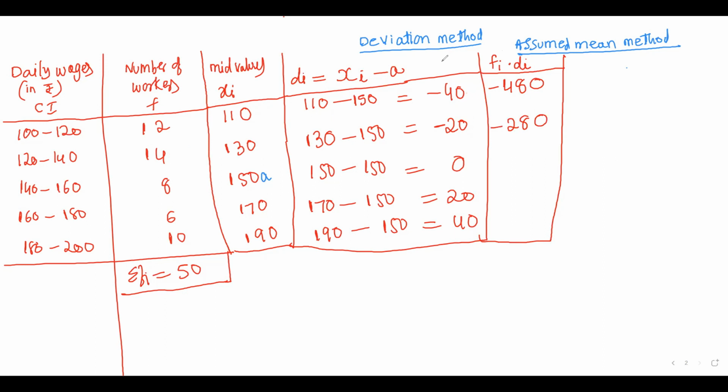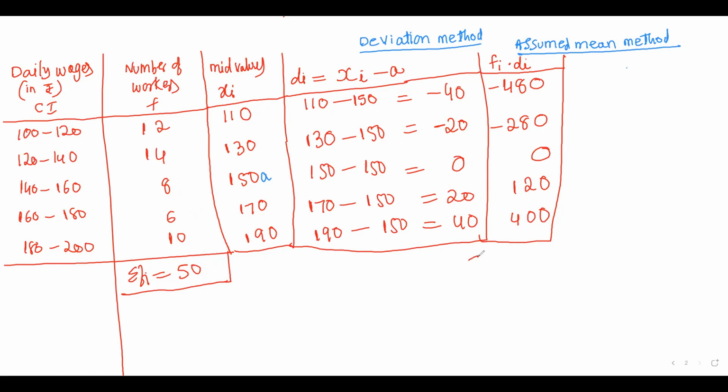Minus 280. 8 zeros are 0. Next, 6 20s are 120. Next, 10 40s are 400. So you got two negative numbers, two positive numbers.